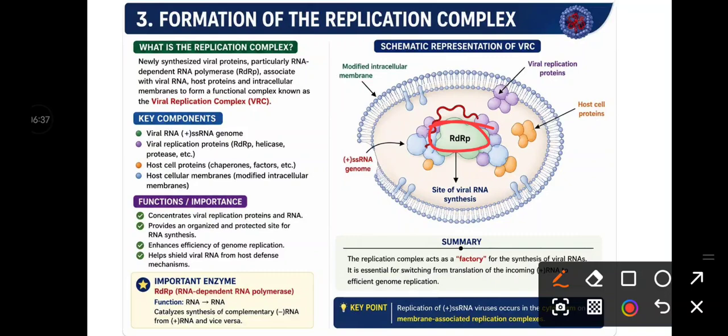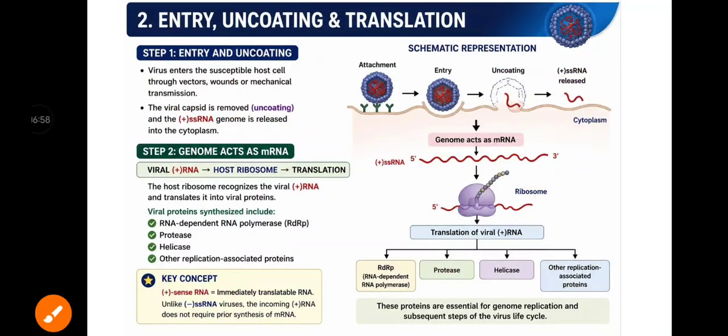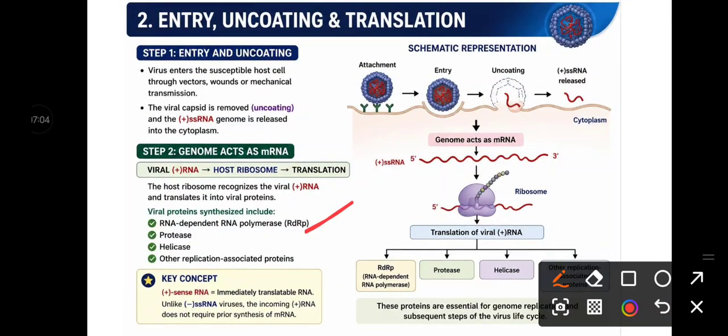It doesn't have anything. So when it enters the plant cell, it will hijack the plant translational machinery and produce whatever proteins and enzymes it needs for its own replication. These are proteases, helicase, and this RNA dependent RNA polymerase, which is the most important one.